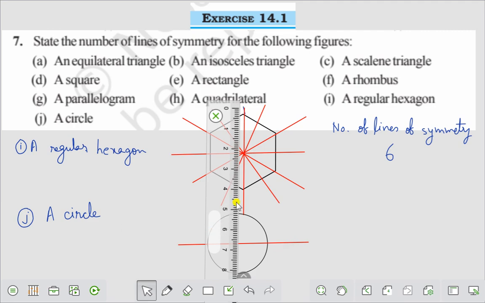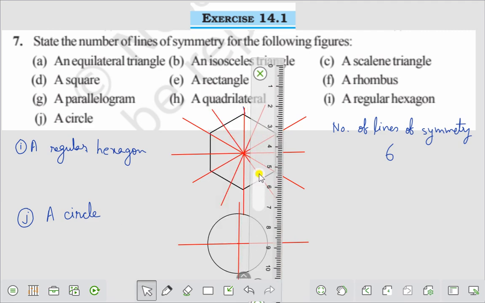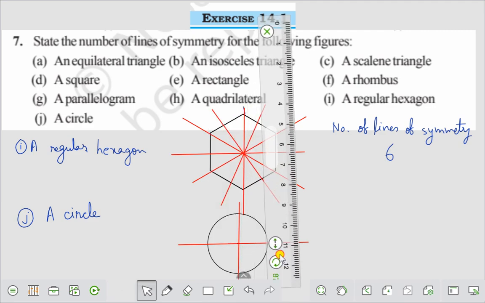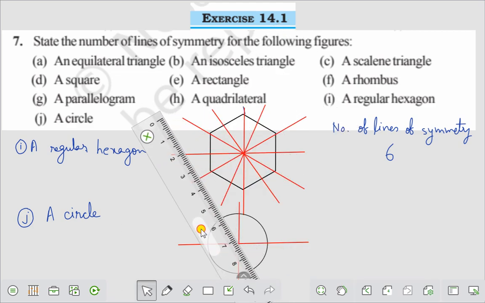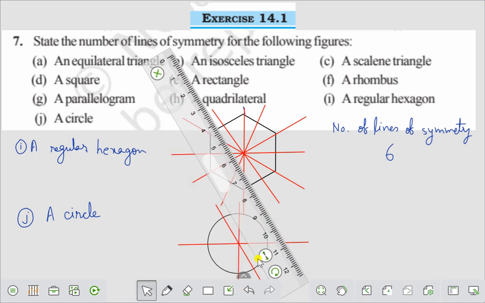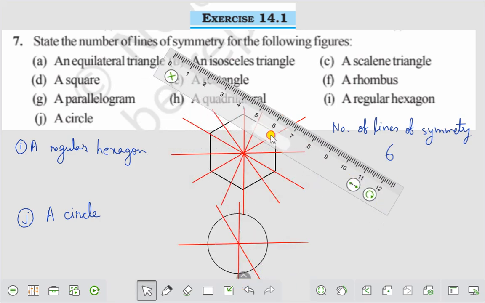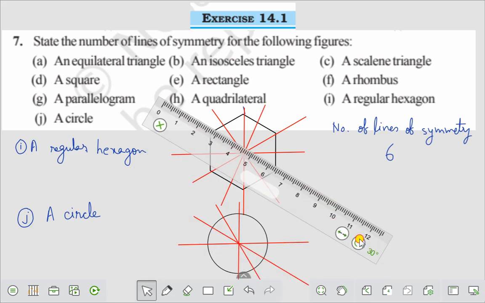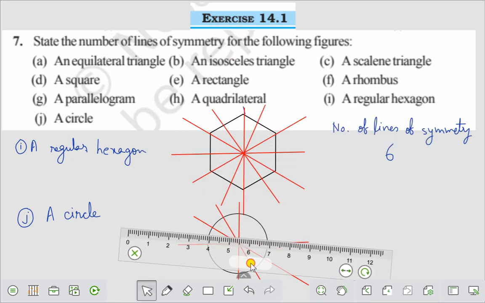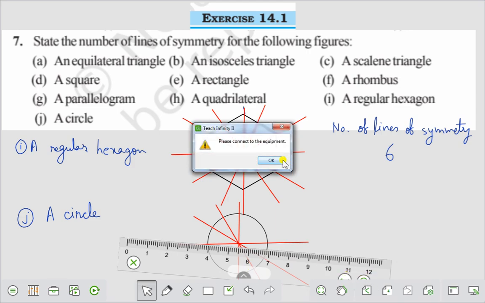You'll find here that this one is 2, or you can take like this 3, or you can take it like this 4, or you can take infinite number of lines, right? In case of circles you can take infinite lines of symmetry, right?